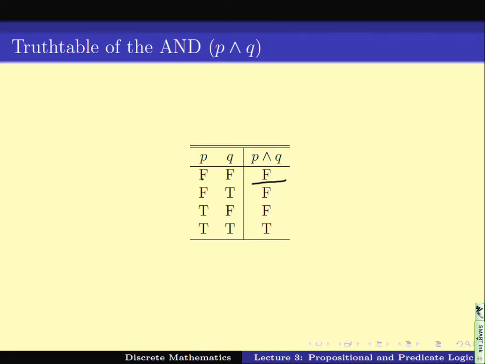So false and false gives false. Similarly, false and true gives false. True and false gives false. And the last one is true and true gives true. That means only when P and Q are both satisfied, or they are both true statements, only then the combined statement P and Q is also true.